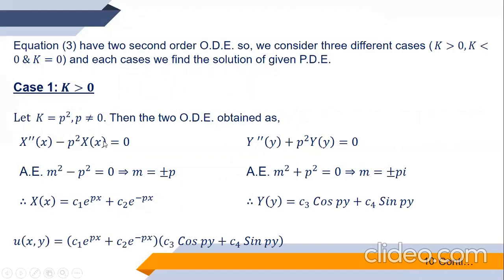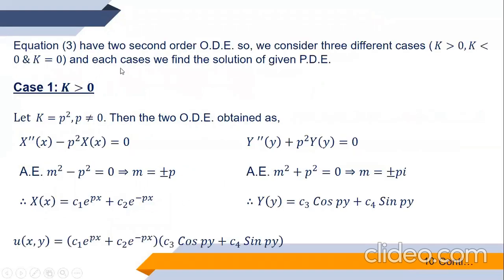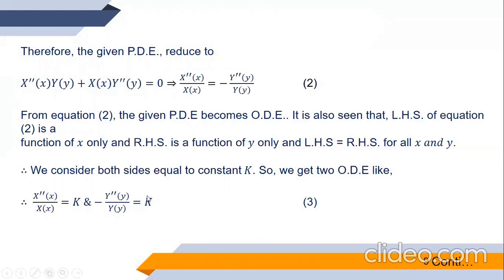But equation 3 is not a first order ODE. It is a second order ODE. And we know that in a second order ODE, we consider the constant k. We can take different values of k, and then the solution of the second order ODE takes a different form.